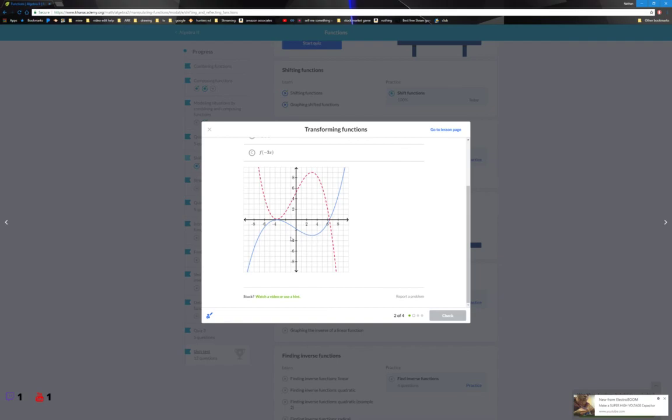So if it's -3 down here, you can see it's along the -3 line, and it's 9 up here. Well, what do you do to -3 to get it to equal 9? Well, you multiply it by -3.